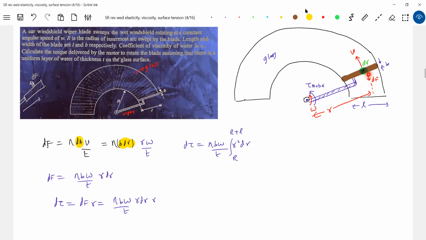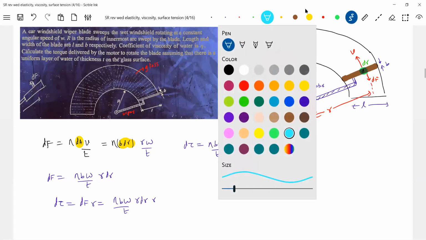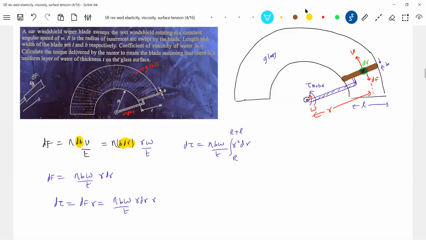Now, will the same force act at all points or different force? Here this has more speed, no? So if you look at the magnitude of force acting on this wiper, it will be like that, the viscous drag.